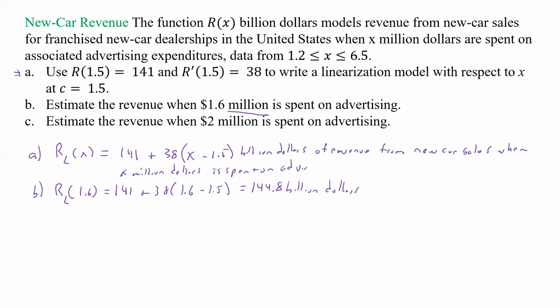We'll shorten it a little bit. Okay, and we know that 1.2 is less than or equal to x, less than or equal to 6.5. Okay, all right, so that gave us the first one.